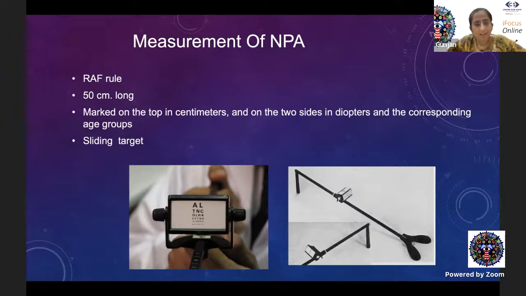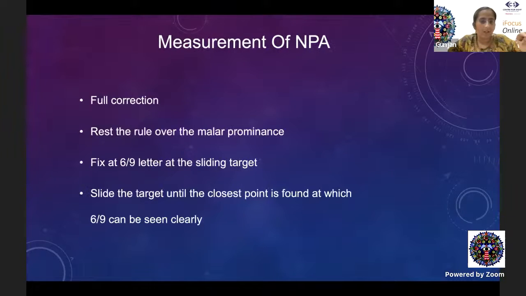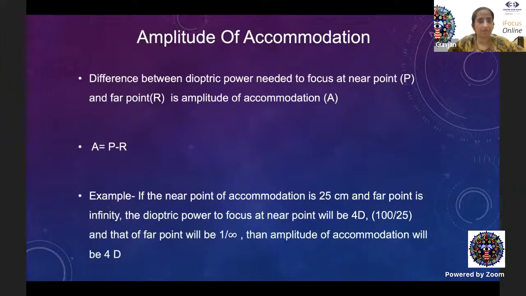There is a sliding target which has the optotypes, with a size of 6/9 on the sliding target. The patient is asked to wear the full correction, and the rule rests over the malar prominence. The target is slid until the closest point is found at which the target is seen clearly.